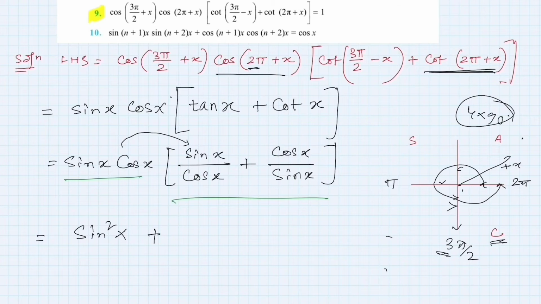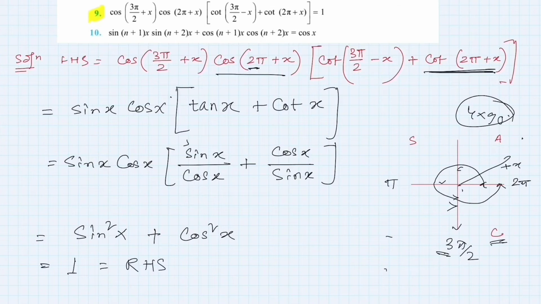Okay, then again if you multiply this term with the next term within the bracket, then sin x will be cancelled, then we will have cos² x. Okay, so hope you have understood this. So then you know sin² x + cos² x is equal to 1. Okay, that is the right hand side. So that's how we can prove. Okay, this is question number 9.